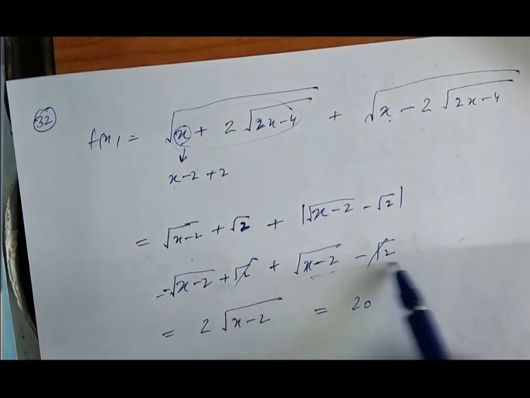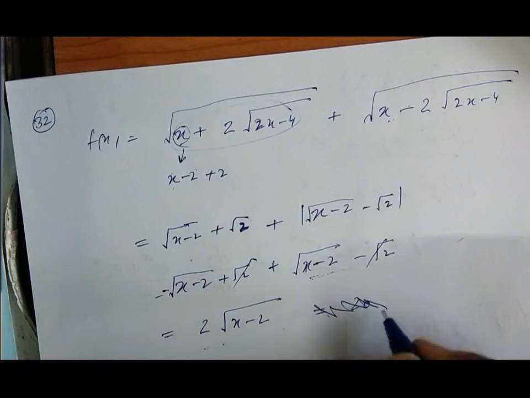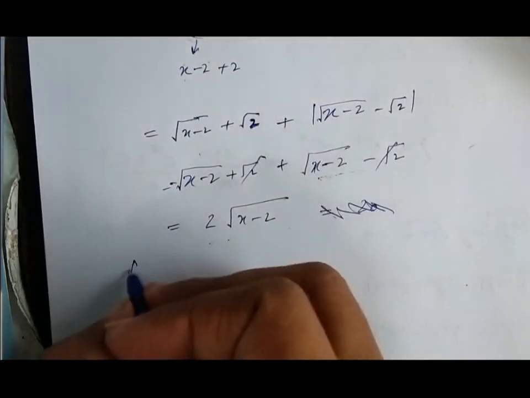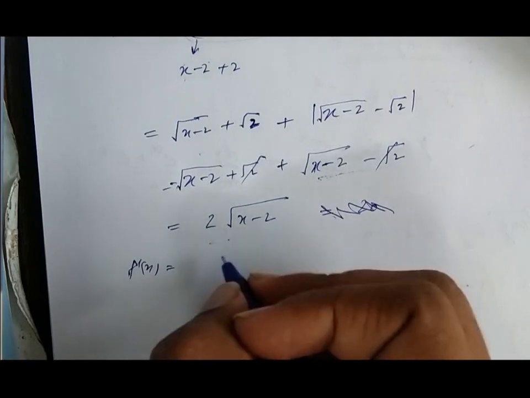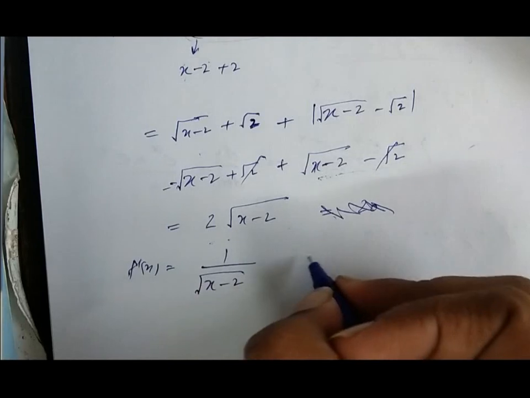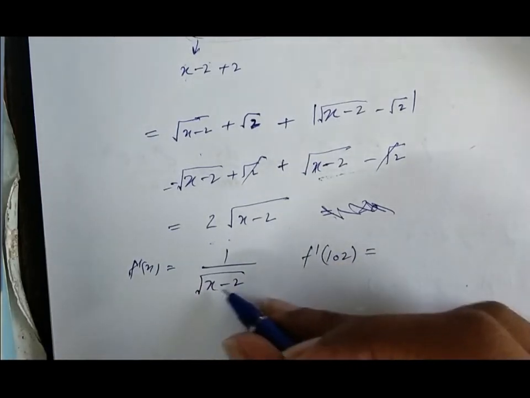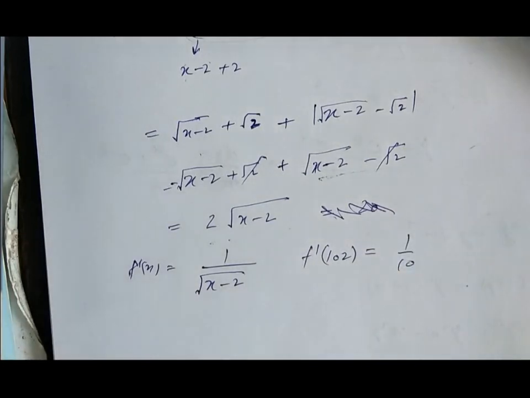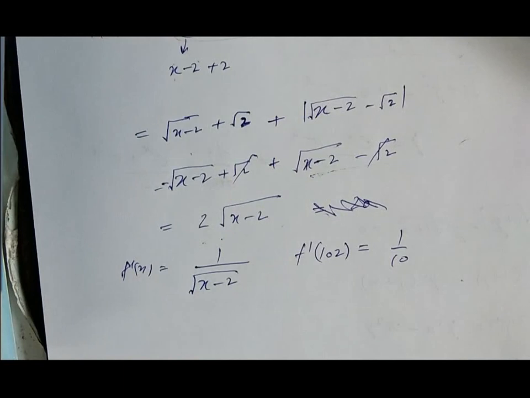This is going to open positive, twice of this, 20. Wait. We need to calculate f dash x. Okay, so f dash x, first calculate f dash. So this would be half of x power minus half, 1 upon root of x minus 2. Now f dash 102 would be 1 by 10. Okay, now it's correct. Yeah. Okay, moving to next question, question number 33.